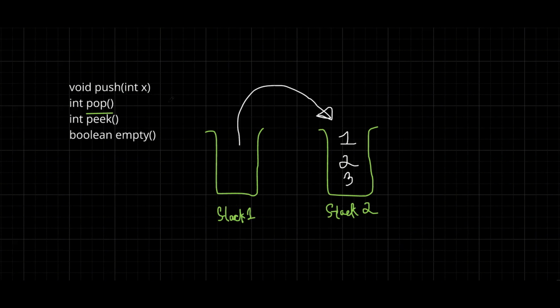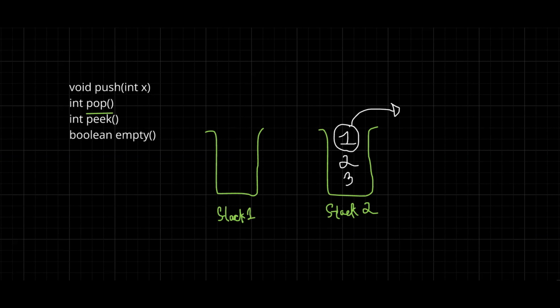Now, if we want to implement the pop method, we can simply remove the top element of stack 2, because element 1 appeared in the stack first. So here 1 is removed. Now, the pop mechanism is implemented by using two stacks.